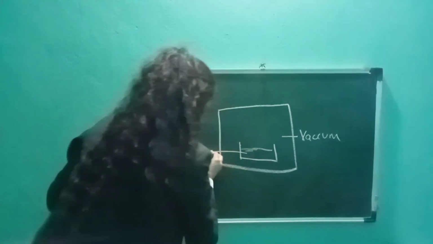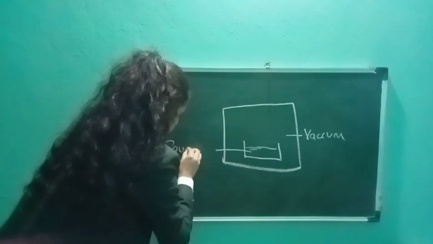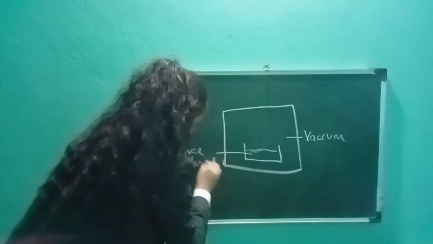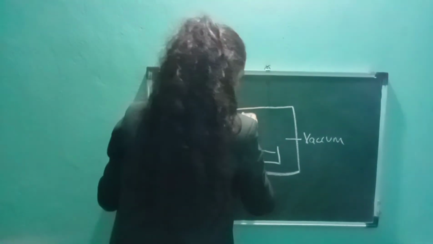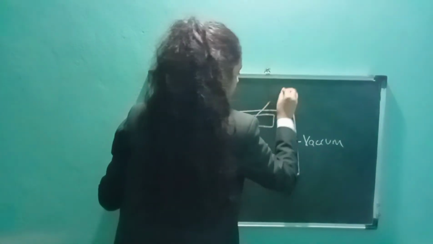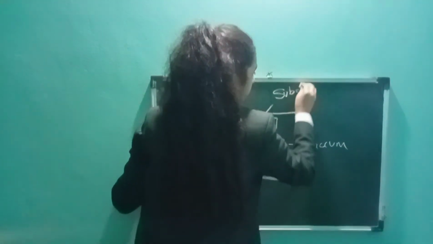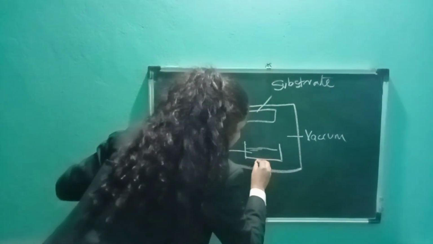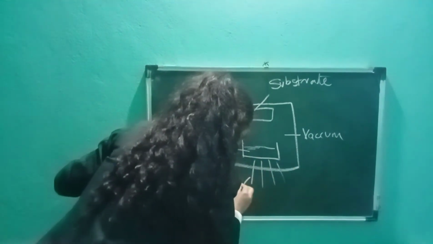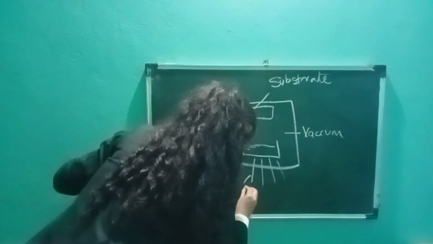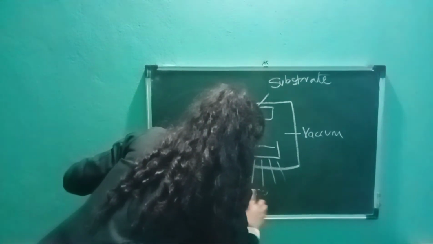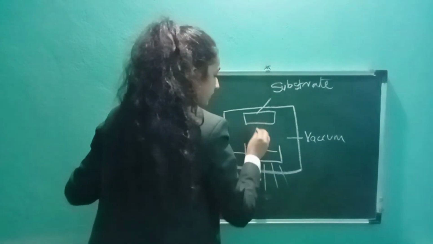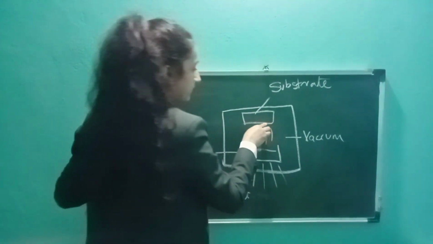It is a source material. And the substrate, we need to keep it over here. When we give heat to the source material, it will start evaporating and it will stick to the substrate.